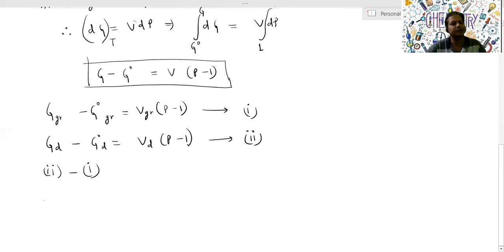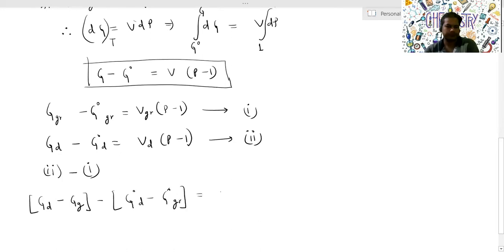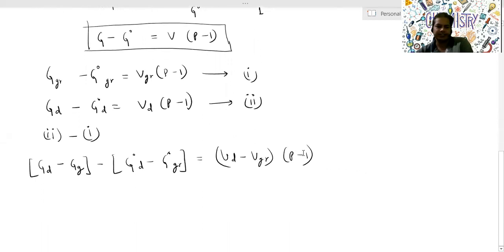On the left hand side, we'll get Gibbs energy of diamond minus Gibbs energy of graphite, minus the standard Gibbs energy of diamond minus standard Gibbs energy of graphite, is equal to volume of diamond minus volume of graphite into P minus 1. Okay, so this we have derived from the Gibbs energies.